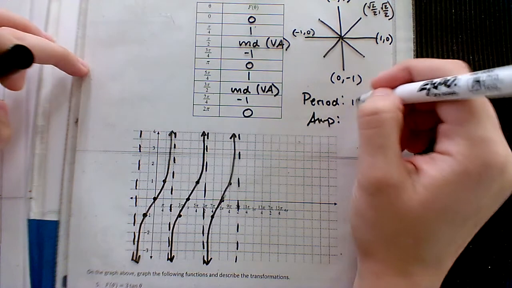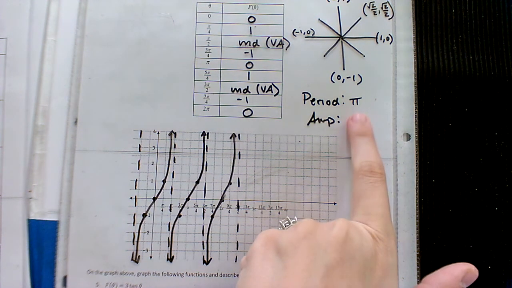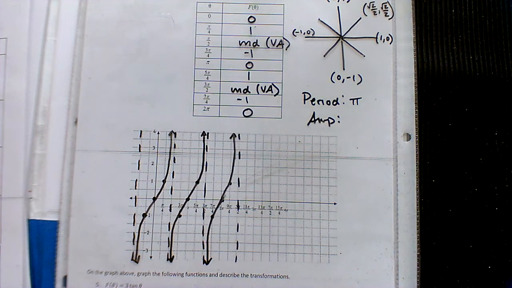So our period is pi units. For the other ones we did, like sine and cosine, the period was 2 pi. So Marie was kind of on the right track when she said an idea of a half. Notice how instead of being 2 pi, it's now 1 pi. It has that half relationship. So tangent's a little bit different. Its period is pi and not 2 pi like the other ones.